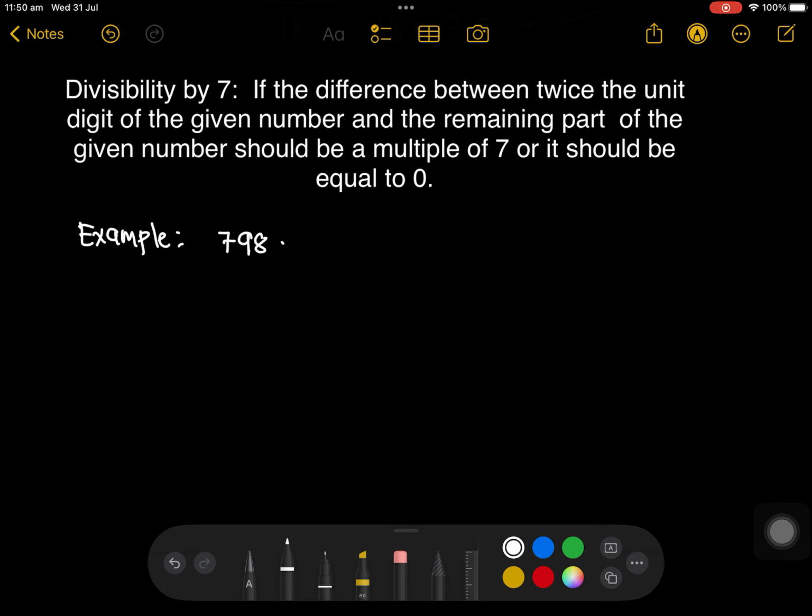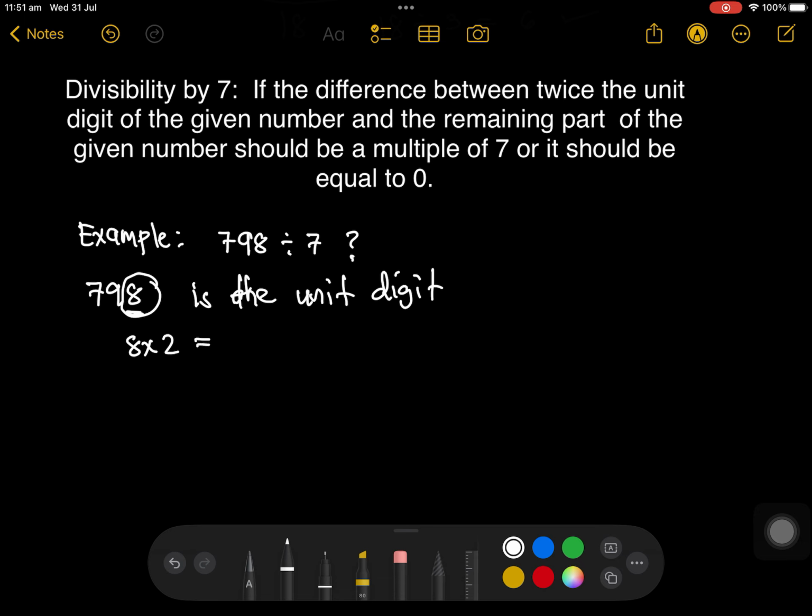Let's say we have 798. Do you think it is divisible by 7? Let's test it. In 798, the last digit or the unit digit is 8, and 79 is the remaining part of the number. So let's double 8. 8 times 2 is 16. That's what we call twice. Twice means double.